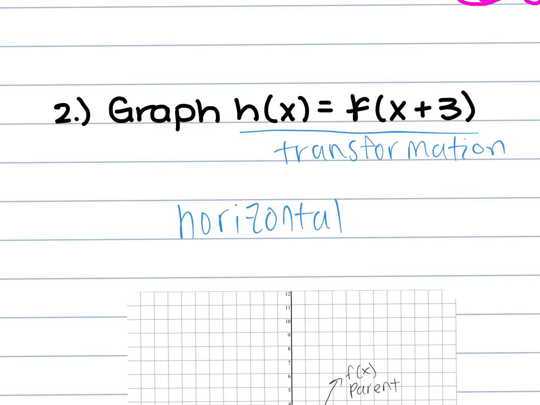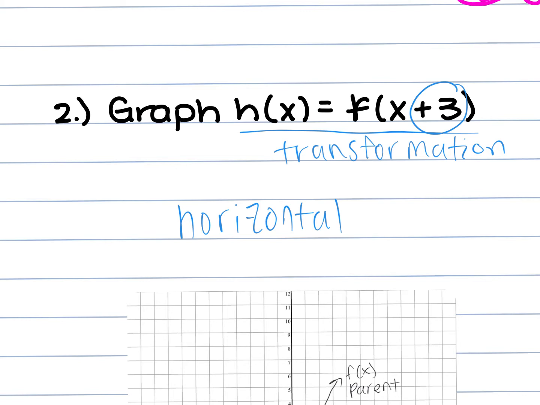Okay? So our transformation is this +3. Do you guys agree? The +3 was next to the x and it's inside the parentheses. Therefore, it is a horizontal transformation. Now, are we adding or subtracting here or multiplying? We're adding. And addition means it's what kind of transformation?